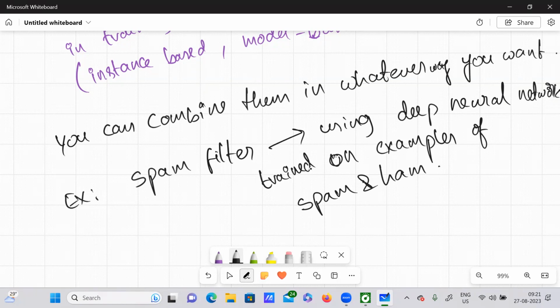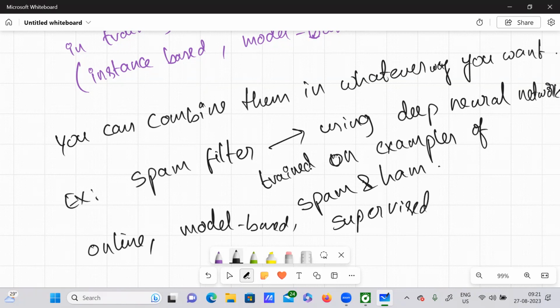Okay. And also this makes it an online and model based supervised learning system too. With this, the spam filter comes under online, model based and also supervised learning systems.